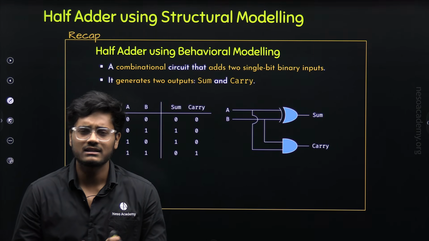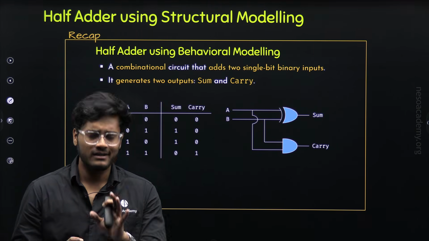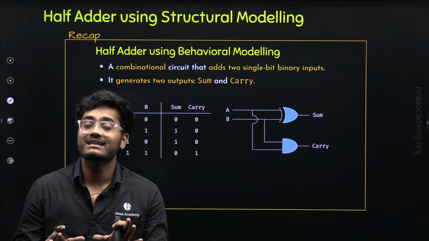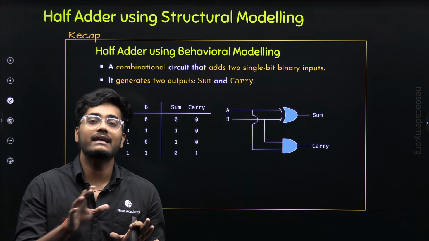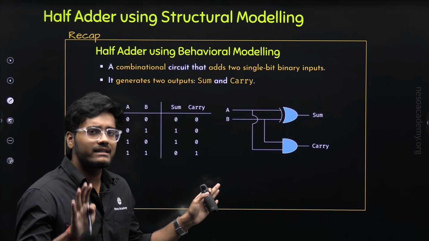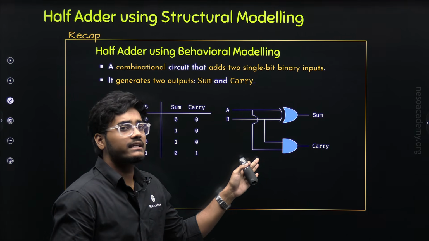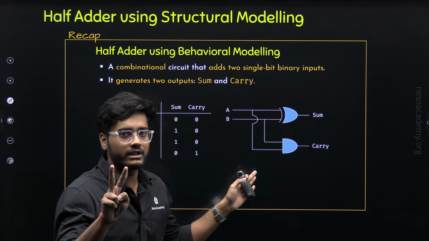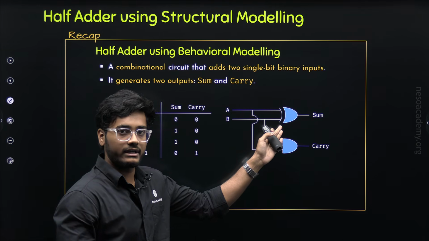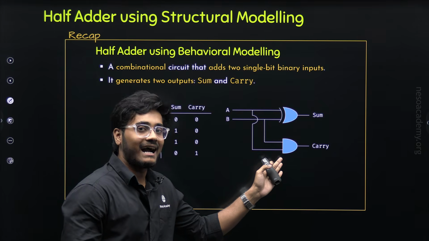Now, what is structural modeling? Structural modeling describes the components and how they are connected together to create the entire structure. Now here in half adder we can clearly see that this circuit is made using two components or two logic gates, one XOR gate and one AND gate.